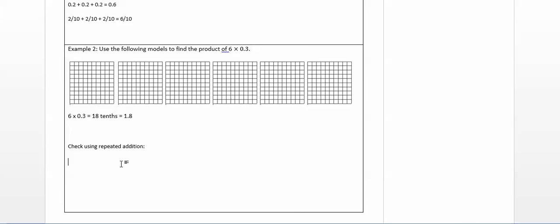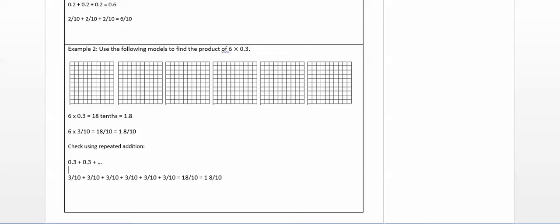Again, I wrote this in the wrong place. 6 times 3/10 is equal to 18/10, which is 1 and 8/10. Okay, so we can check using repeated addition with both decimals and fractions.